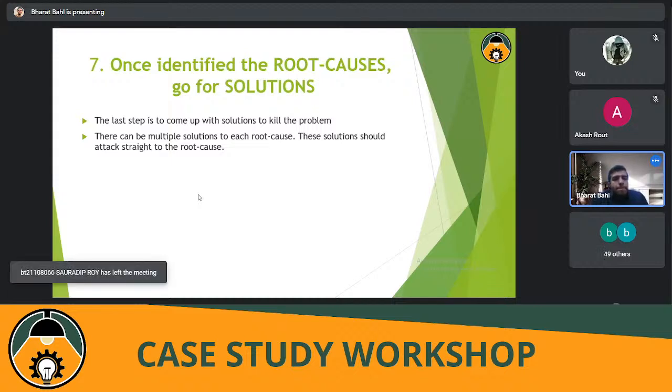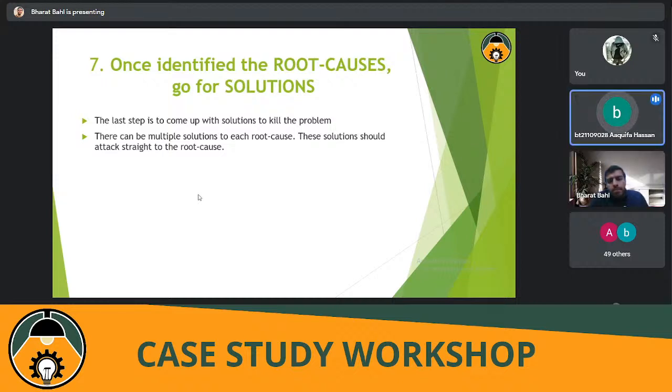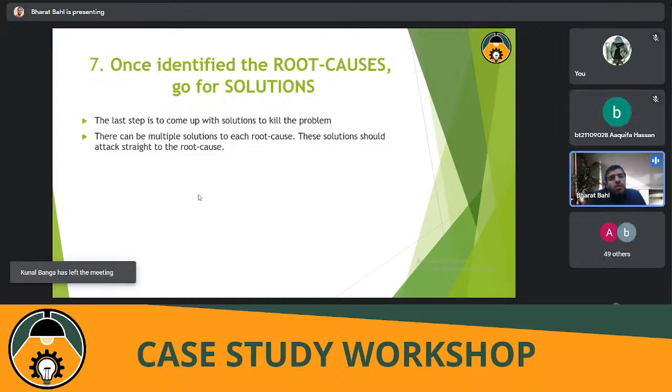Anyone? Planting trees. Fine. What else? Less use of plastics, because plastics go into the soil and cause soil erosion. Okay, fine. What else?